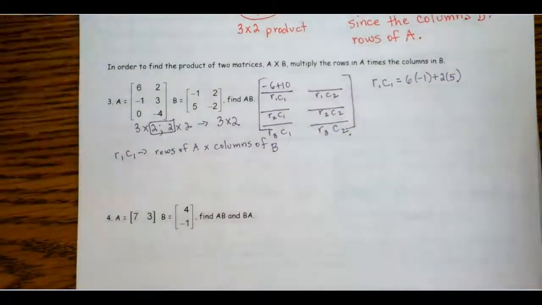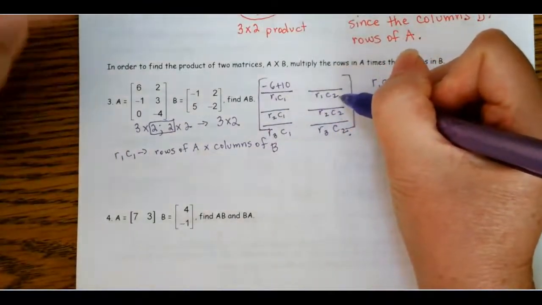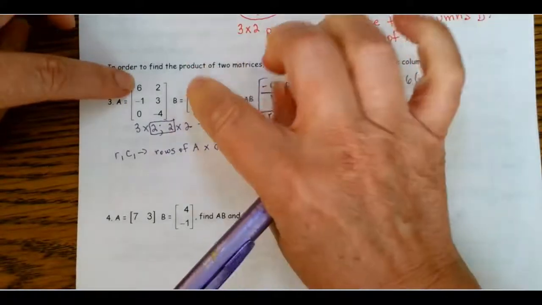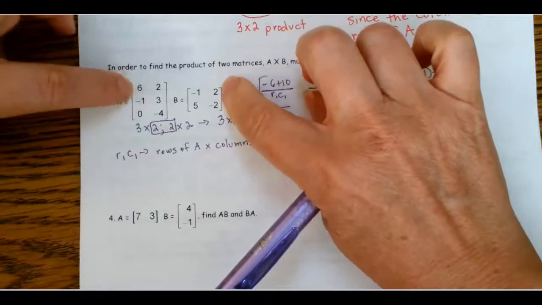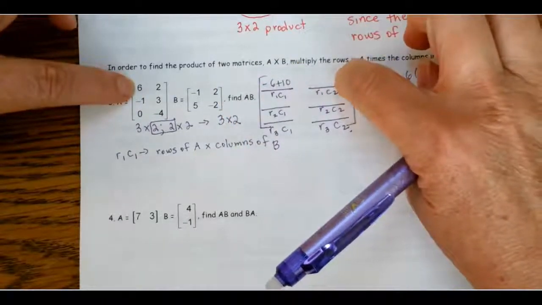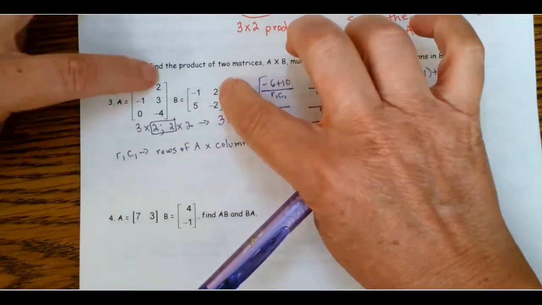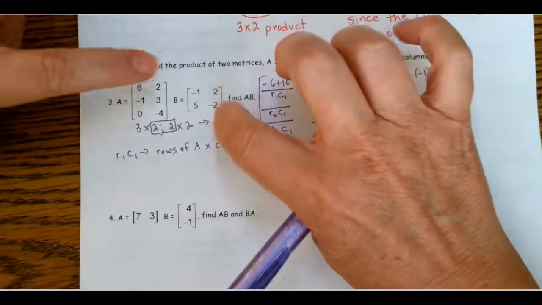Okay, so this is row 1, column 2. I put my fingers on row 1. We're going to write this out. And my finger on column 2. Right, I'm starting with a different column because of the position that I'm in. So the first in the row times the first in the column plus the second in the row times the second in the column. You literally have to pick up and move your fingers.